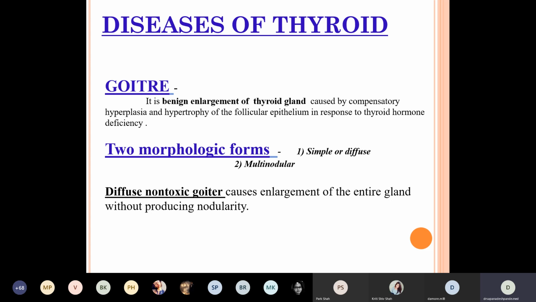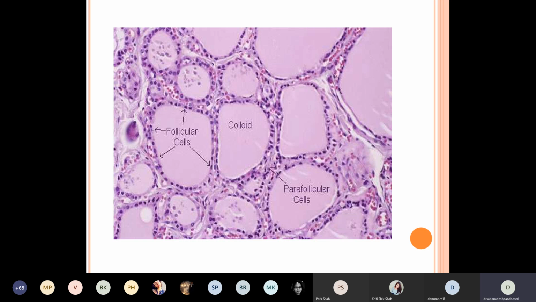So goiter is the first and foremost, very simple to understand. The slide will be there for your practical, so you should be able to identify thyroid. If you see this type of structure, you can at least make out it is a thyroid, and if there is a thyroid, then you should think of goiter.